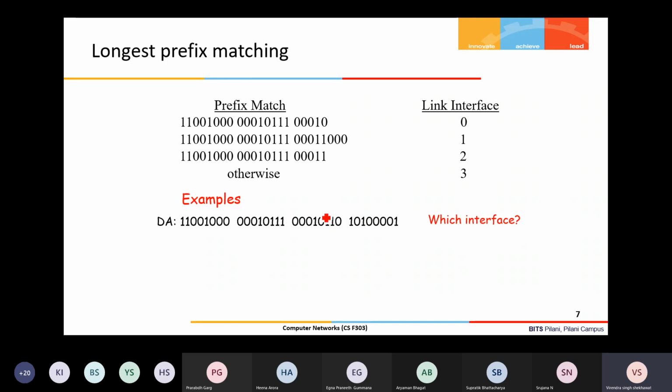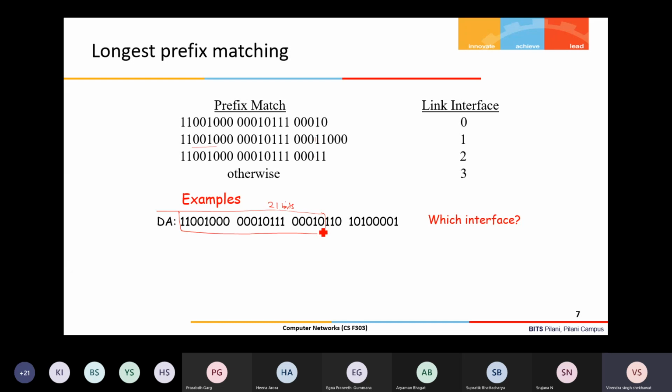It is exactly matching with the first, the 0th entry, these 21 bits. And this one is not matching, because the entire prefix should match. Up to here it is matching with the second and third also, but we have to match the complete prefix.